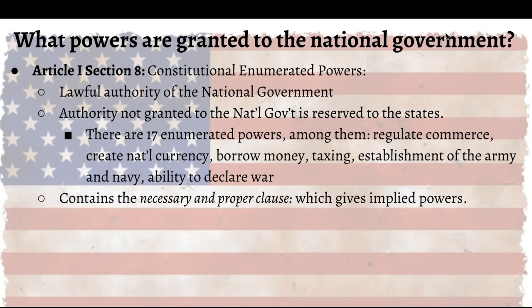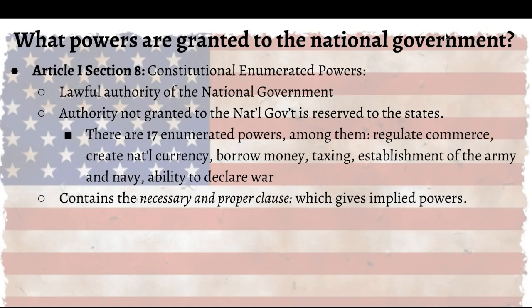Now, here's a kicker. The Constitution also contains what is called the necessary and proper clause. And this gives the national government some implied powers. If something is enumerated, it's listed. It's spelled out. If something is implied, it's kind of a gray area.